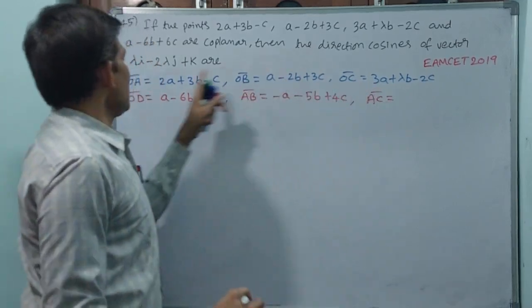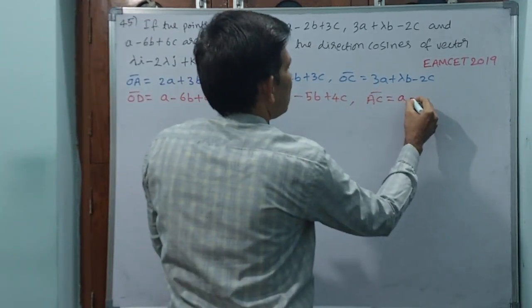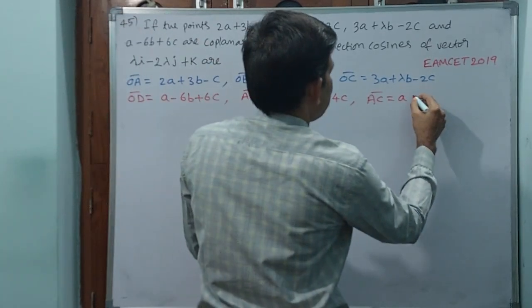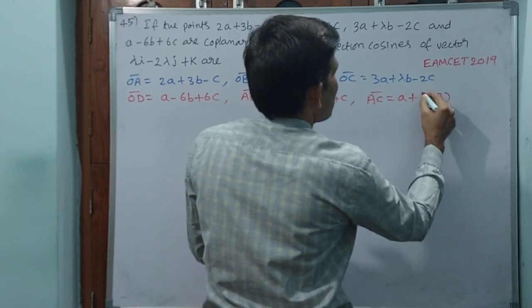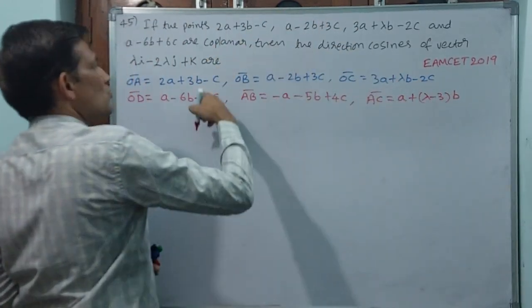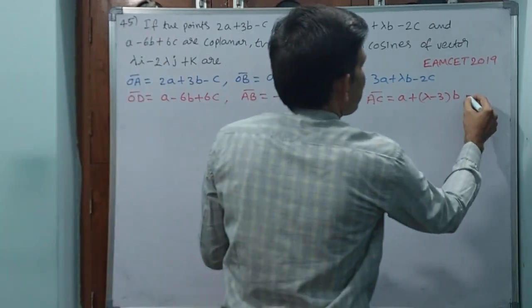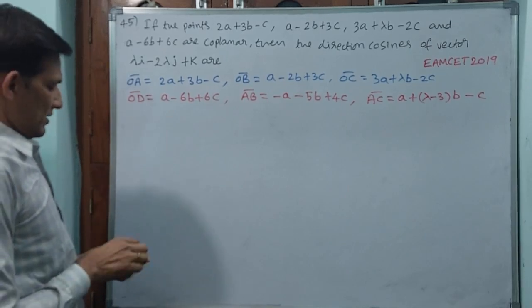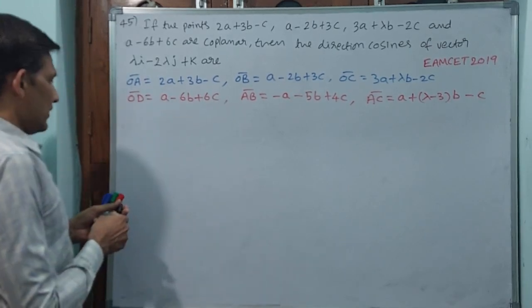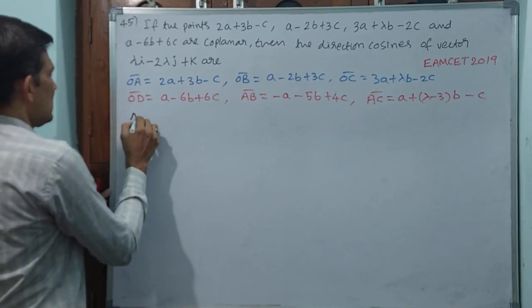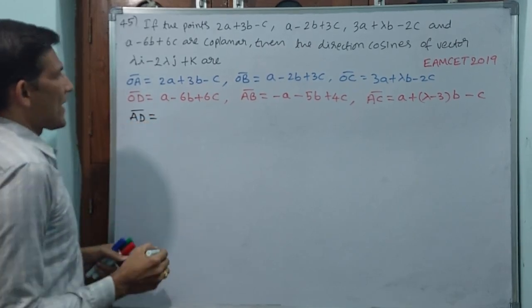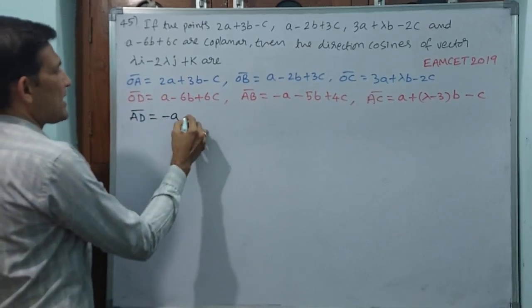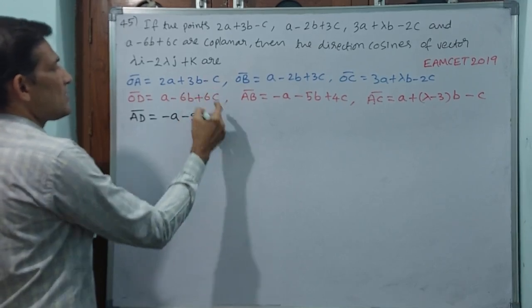AC: 3 minus 2 is 1a, lambda minus 3 into b, minus 2c plus c is minus c. Okay, this is AC. Now go for AD also. AD means 1 minus 2 is minus a, minus 6 minus 3 is minus 9b, 6 plus 1 is 7c.